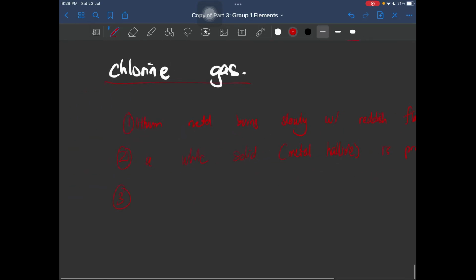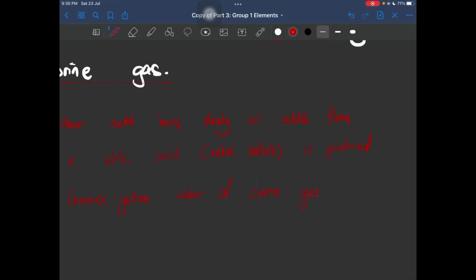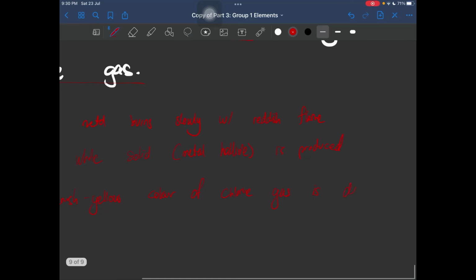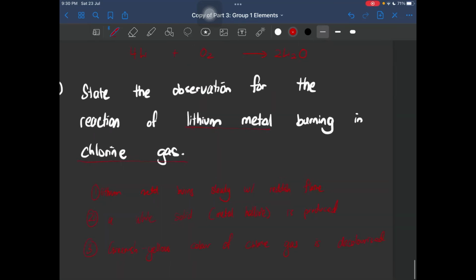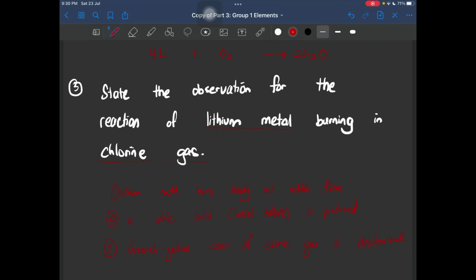And thirdly, you can also say the greenish yellow color of chlorine gas is decolorized because it is burnt already. It's used up.